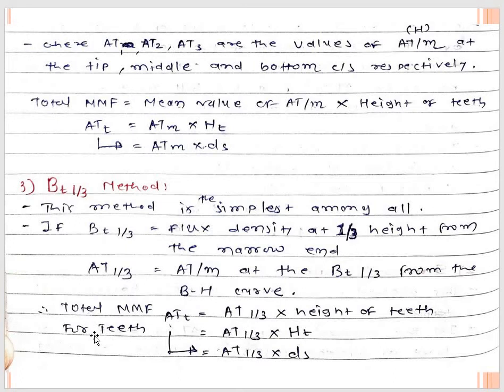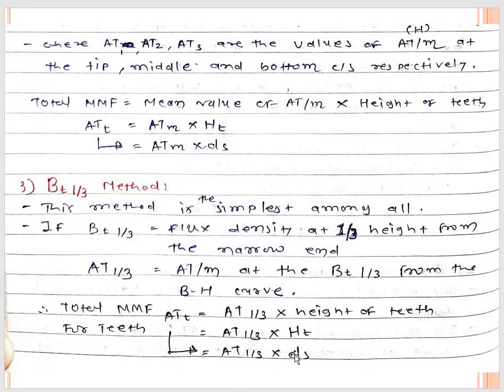So now we can find the total MMF for the teeth. Ampere turn total, AT_T, is equal to AT one third, which was obtained from the BH curve, multiplied by the height of the teeth, denoted by HT.